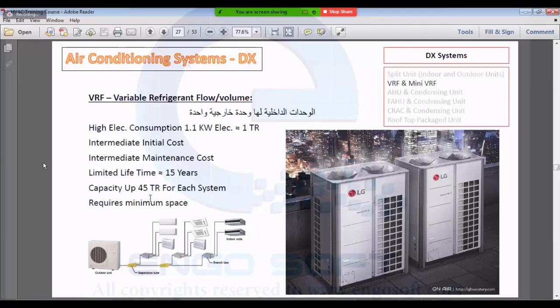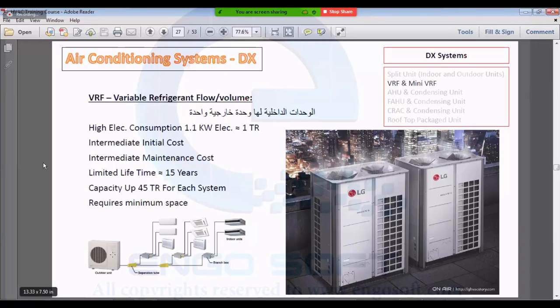But if you are operating all the units, all the people are in their offices, and everyone is switching on his AC, the refrigerant moves from the outdoor unit to all indoor units. So the amount of refrigerant in the first case, where this unit is operating alone, is absolutely different from the second case.